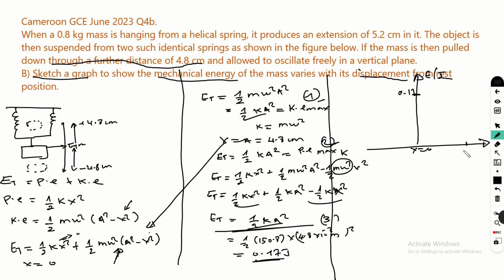Here we have 0.048, and here we have minus 0.048, because those are the amplitudes. So when x is 0, ET has the same value. When x is 0.048, we still have the same value. When x is minus 0.048, we still have the same value. So our graph will be a straight line like that. So this is how the graph of ET against x looks like.